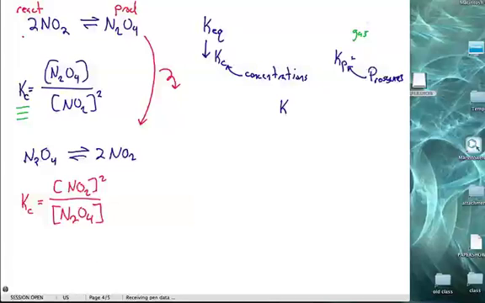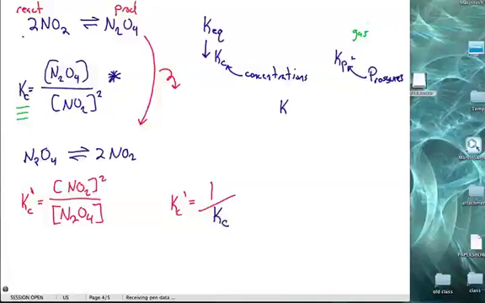So the relationship between these two reactions, we'll call this one Kc prime, is that Kc prime is equal to 1 over Kc in this case. So if we know the value of this equilibrium constant, something we can look up in a table, in fact, we can use it to predict the equilibrium constant for the reverse reaction.